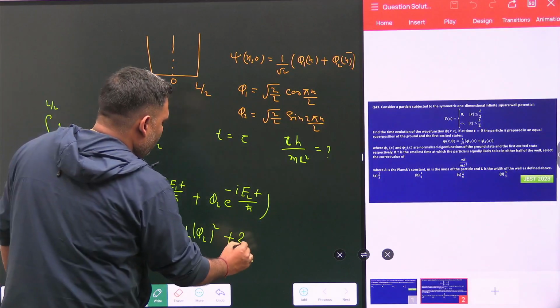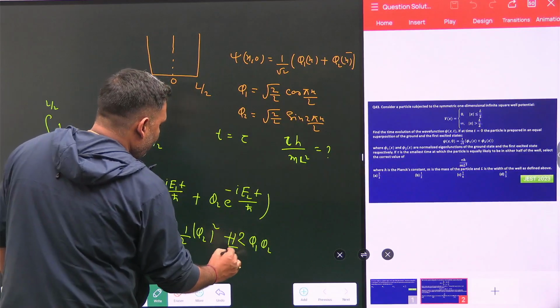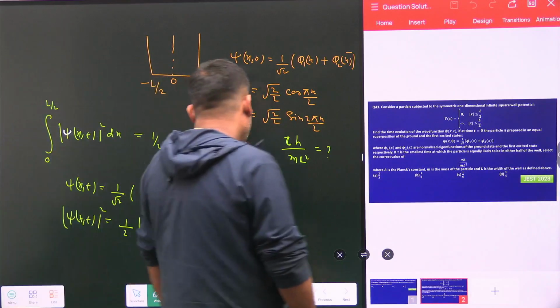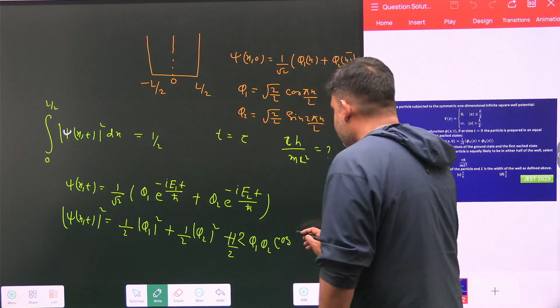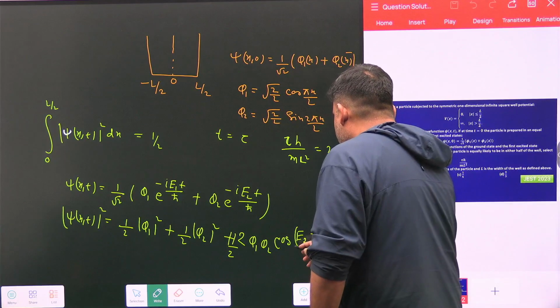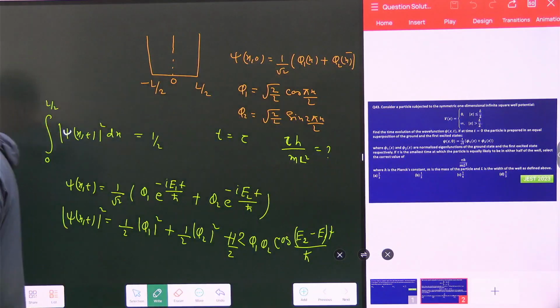So 2 times phi 1 phi 2, and the 1 by root 2 and 1 by root 2 give 1 by 2 as well. And this is multiplied by the phase part, that is cos of E2 minus E1 t upon h cut. So we have this particular mod psi t square.